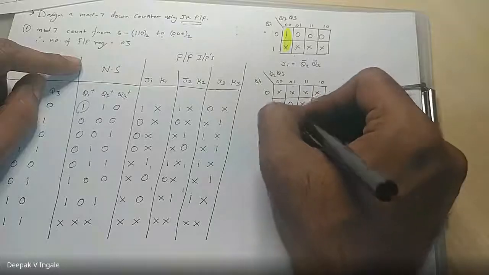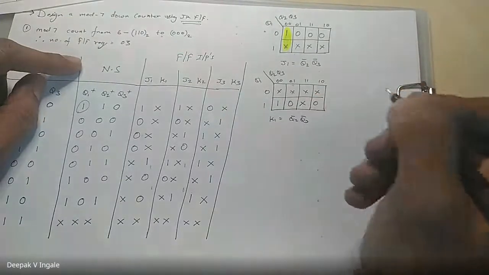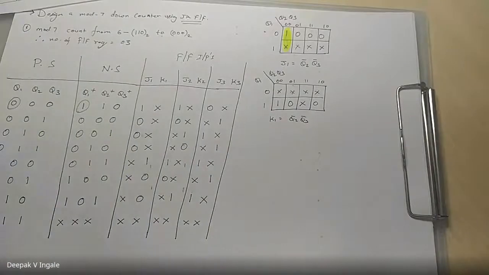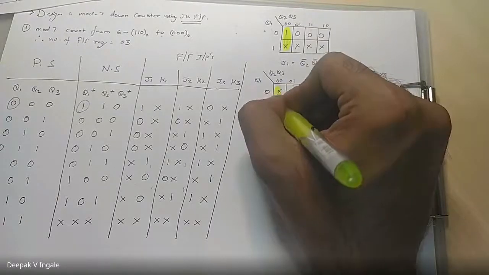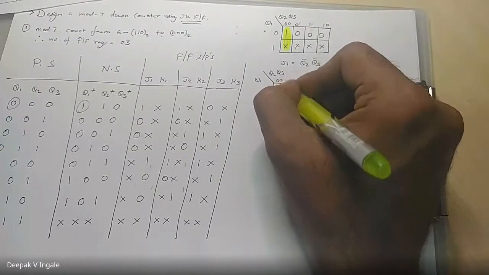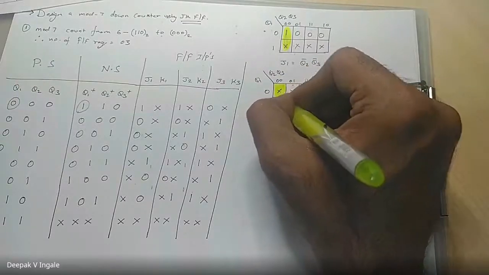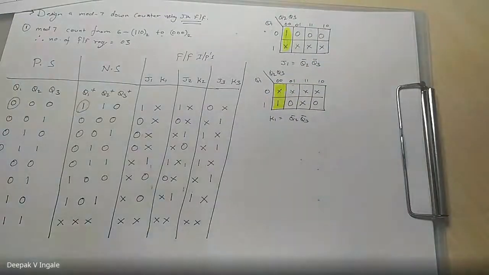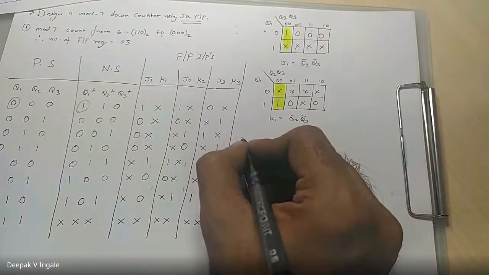So K1 is again going to be Q2 bar into Q3 bar only. Now, please write the K-map for J2 and K2.